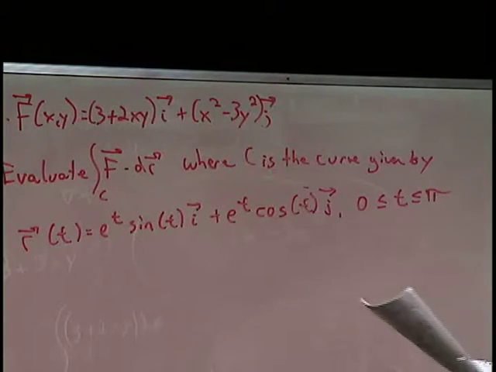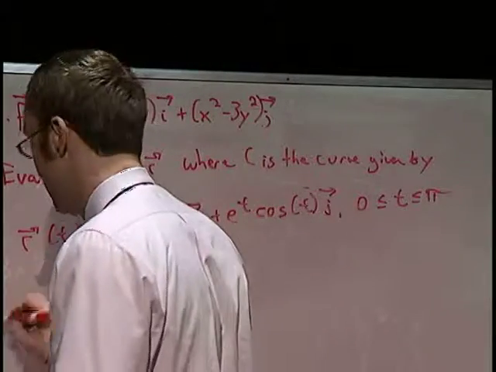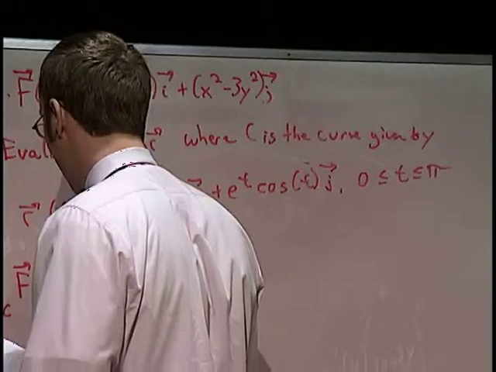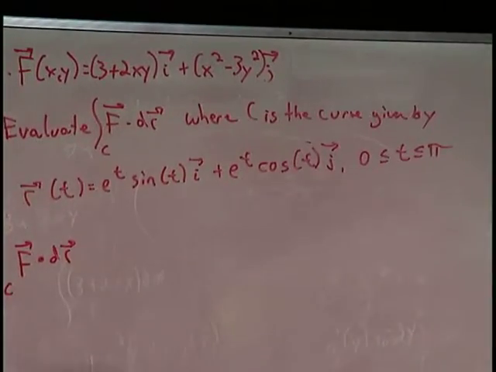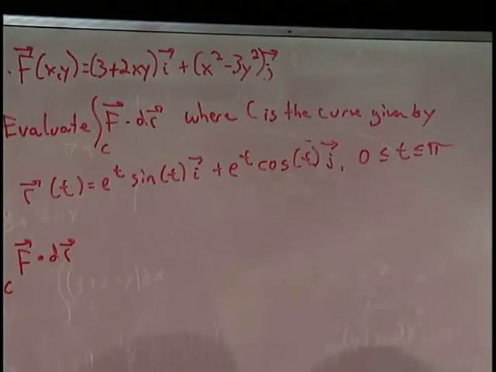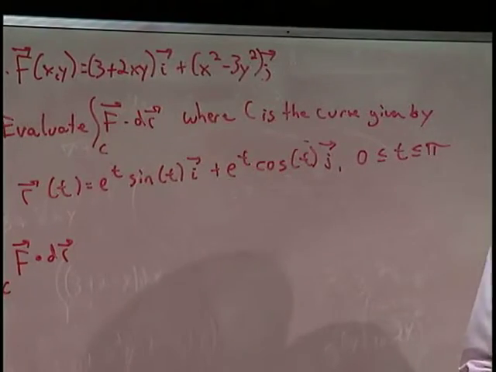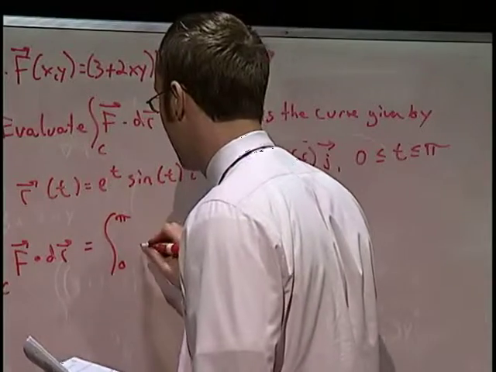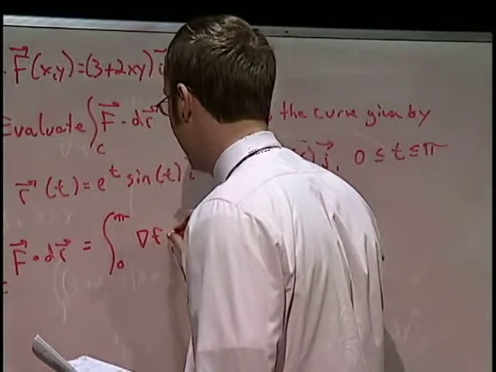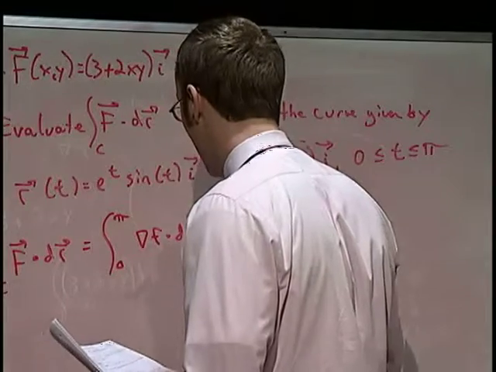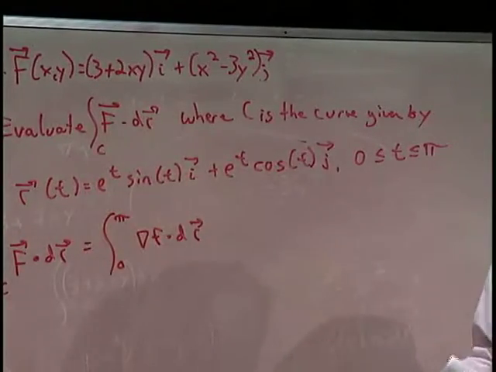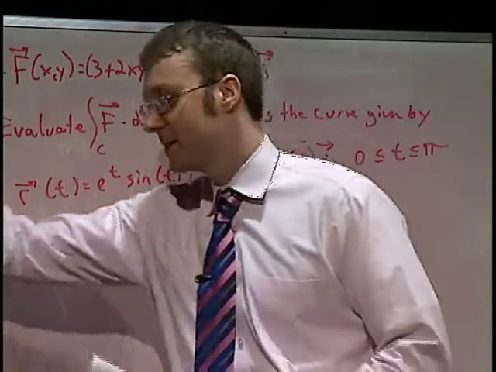Okay. All right. So this is almost easy street, but there's a little snag, I guess. So we want to use the fundamental theorem of line integrals on this problem. So we know that this is equal to the integral from 0 to pi of grad f dot dr. The one problem that we have to deal with is, well, r is in terms of t, and f is in terms of x and y, right?